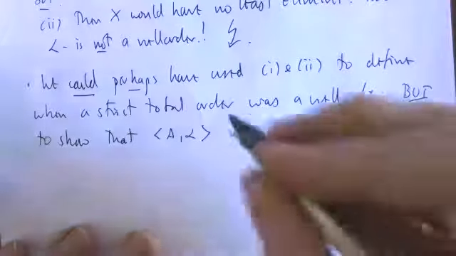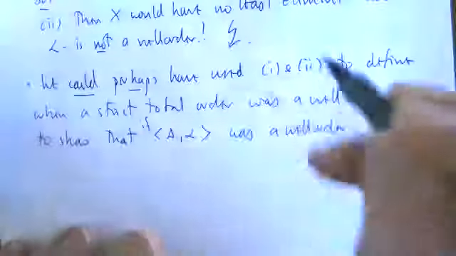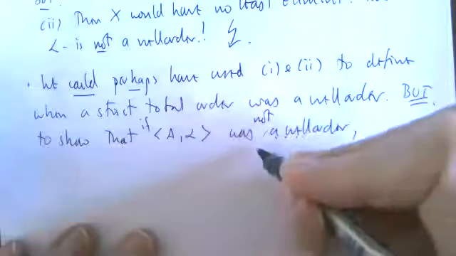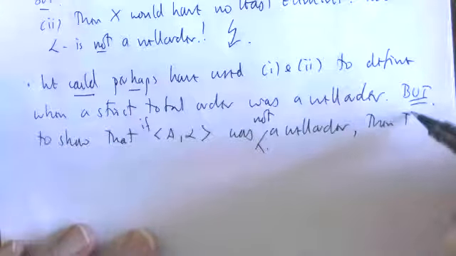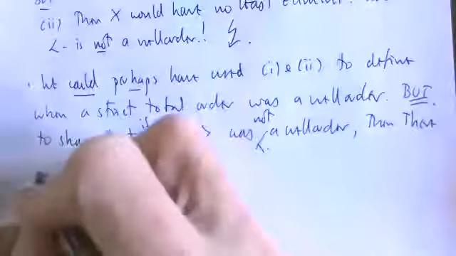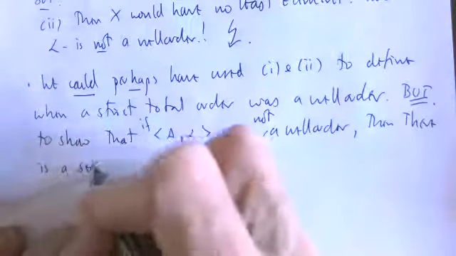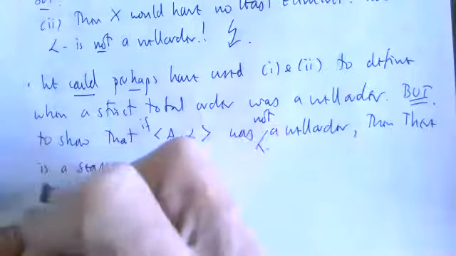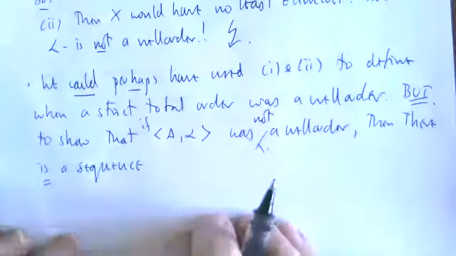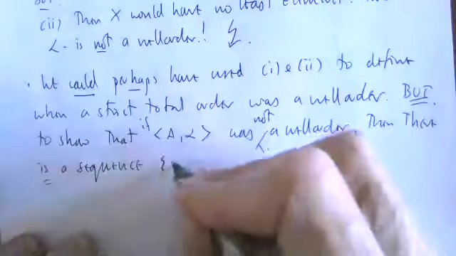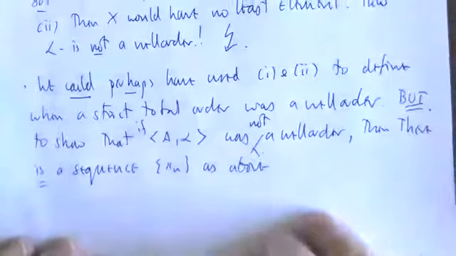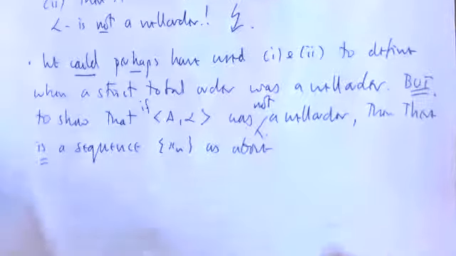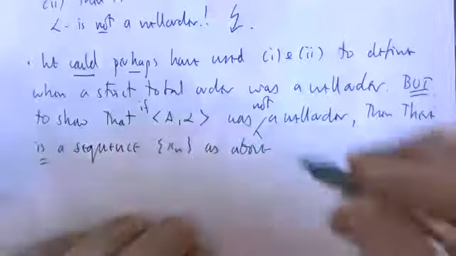Yeah, to show that if this thing here was not a well order, then there actually is a sequence xn as above, we'd have to make an infinite number of choices.